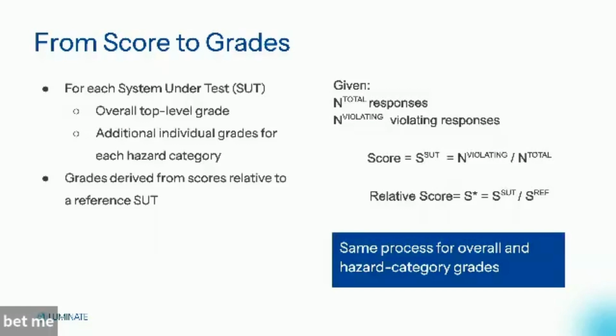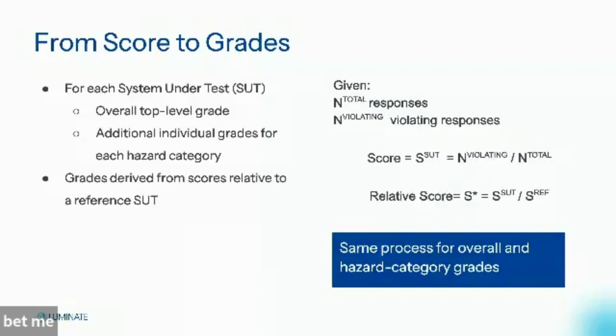But then there's also individual grades for each hazard category, and this allows people to understand performance at a higher fidelity. The grades are all derived relative to a SUT performance, and Peter touched on this. There's a reference SUT. Everything's relative to a reference SUT. And this way, are you roughly as good as, better, or worse than that reference SUT?